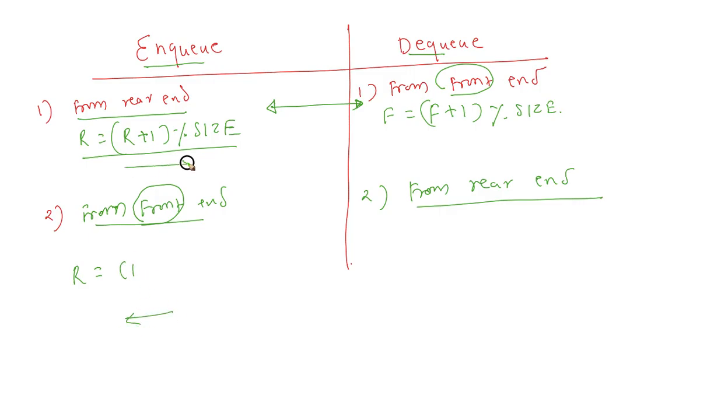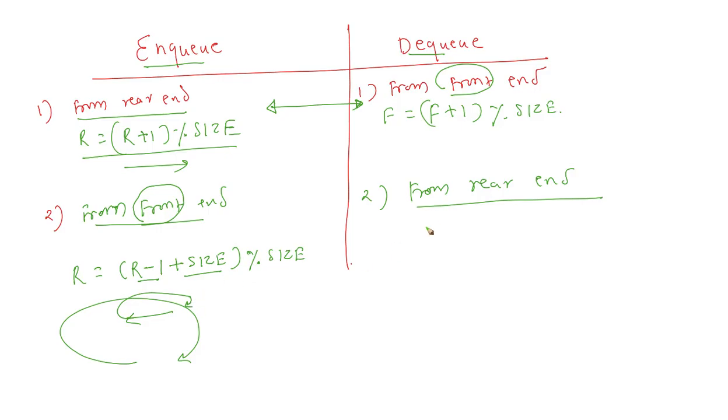And when we reach the 0th location, in order to give the circular movement, we have to add size and take mod size. Minus 1 because we are going in the reverse direction.